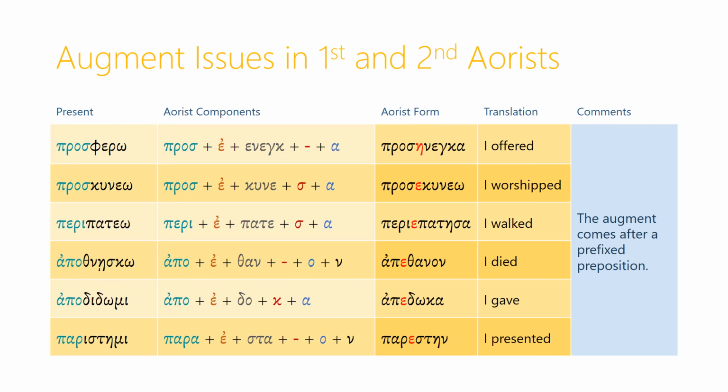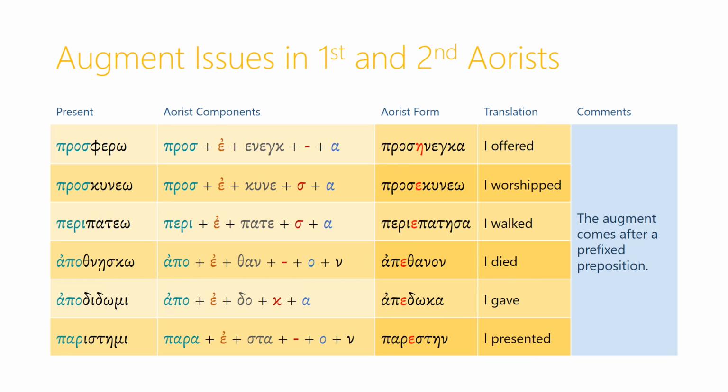So instead of eprosphero, the epsilon augment goes after the pros prefix and before the verb stem. So we have prosenenka, I offered. Similarly, the epsilon goes after pros in proskuneo, and so we end up with the aorist form prosekunesa.